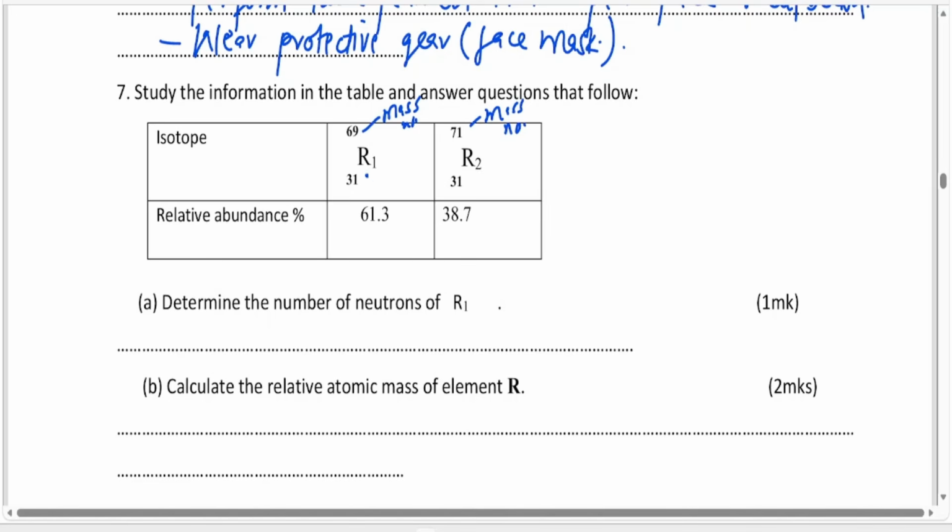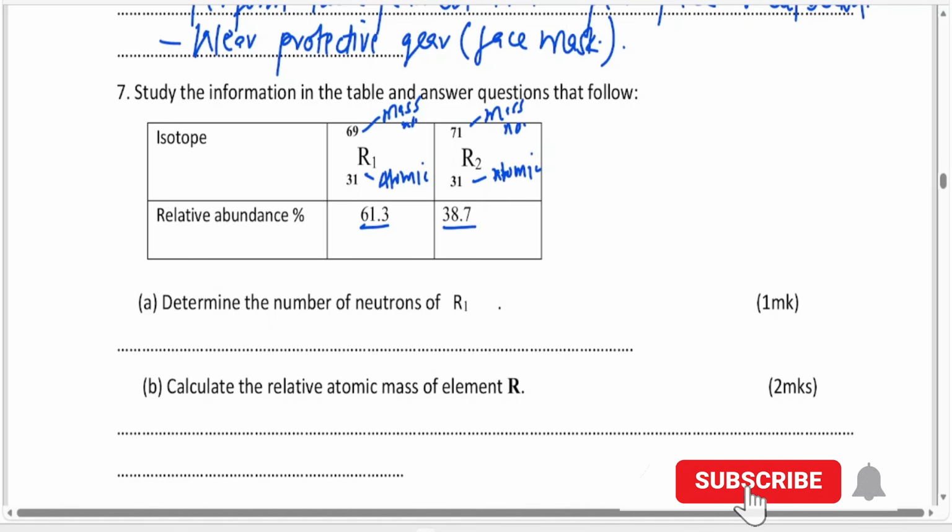They have the same atomic number of 31. We are also given their relative abundances in terms of percentages: for R1, 61.3 and for R2, 38.7. You can see that R1 is more abundant in that particular element.